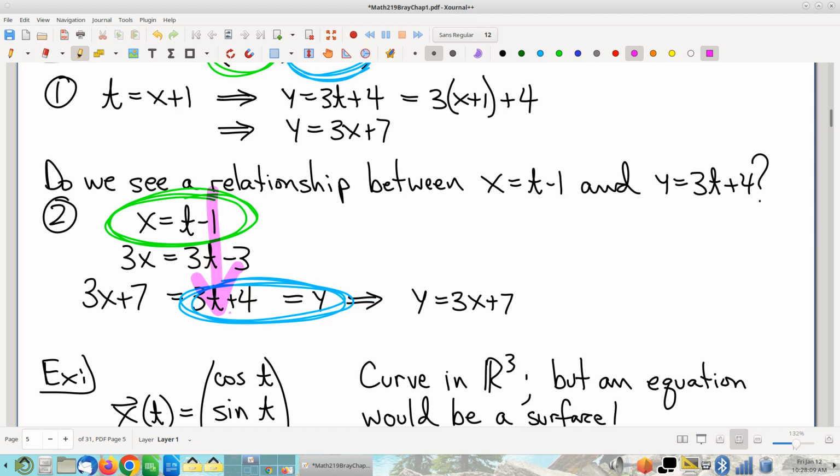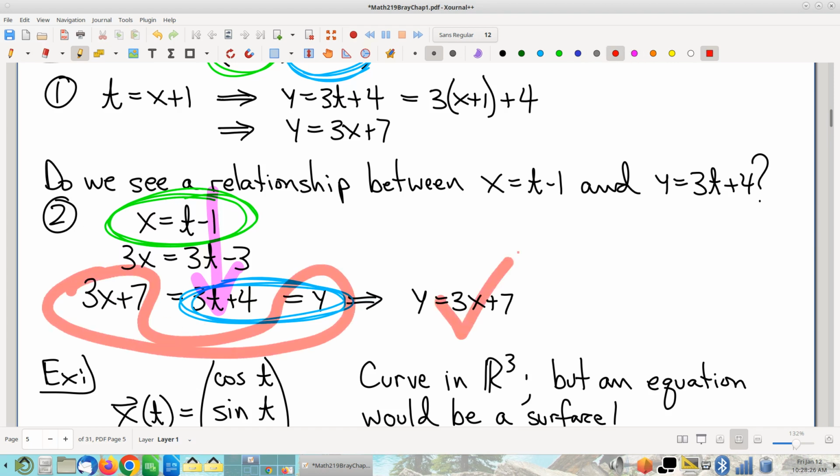I need it to be a plus 4, so I add 7 to both sides. Notice I'm keeping track on the left of what I'm doing to the x expression in order to turn it into the y expression. The resulting punchline, as desired, is a relationship between x and y. Notice it's the same relationship that I got above.